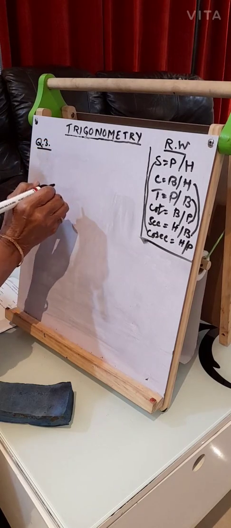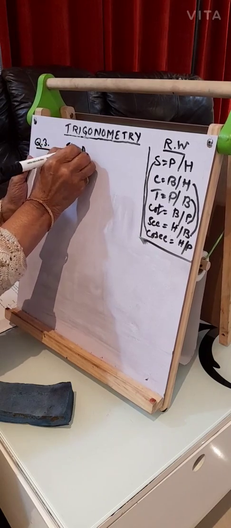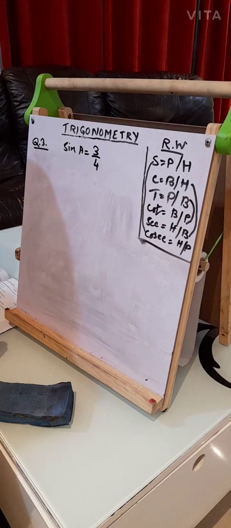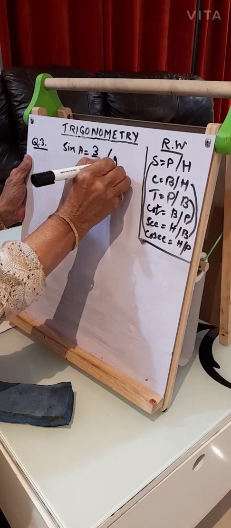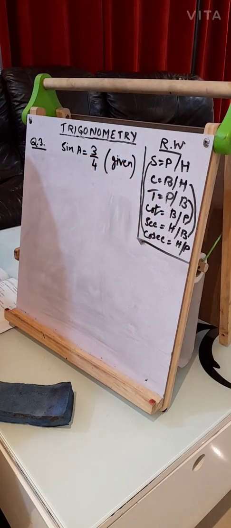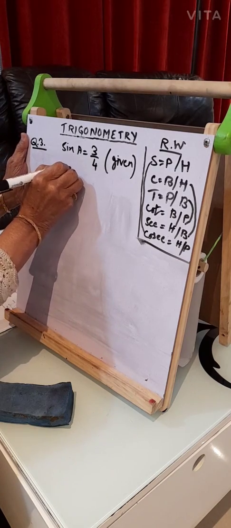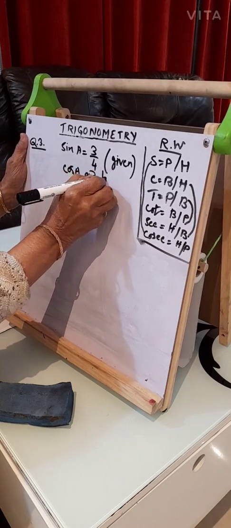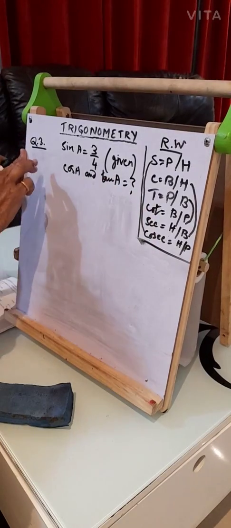It is given sin A is equal to 3 over 4. You can write here in brackets given. And what we are to find?